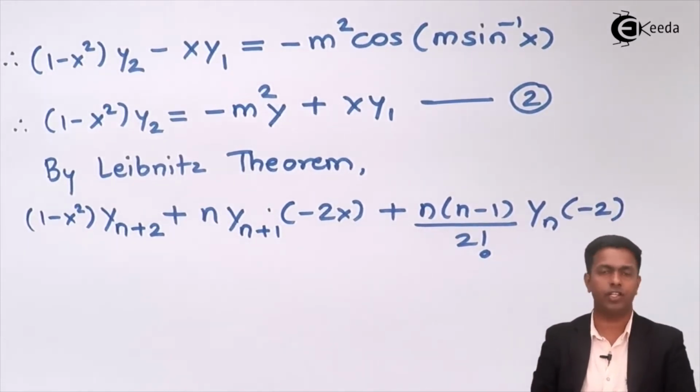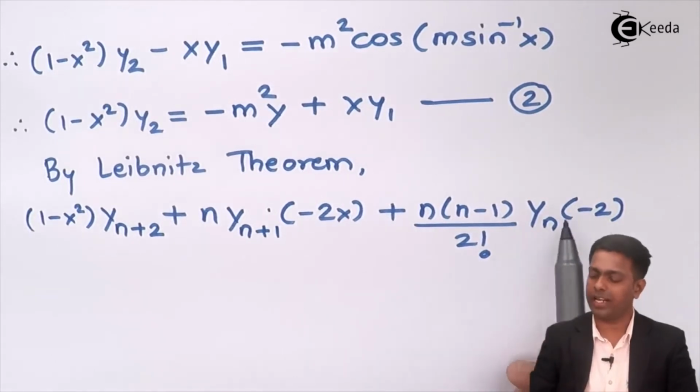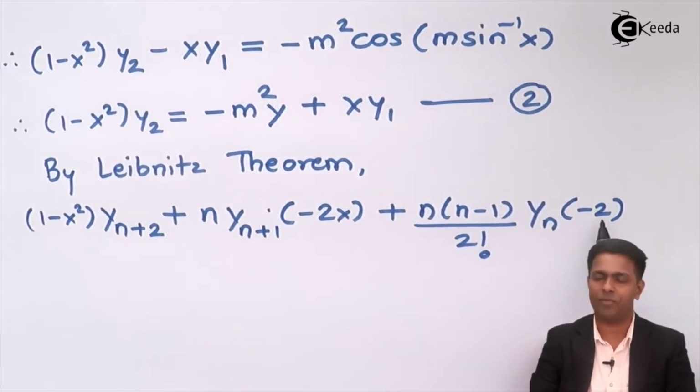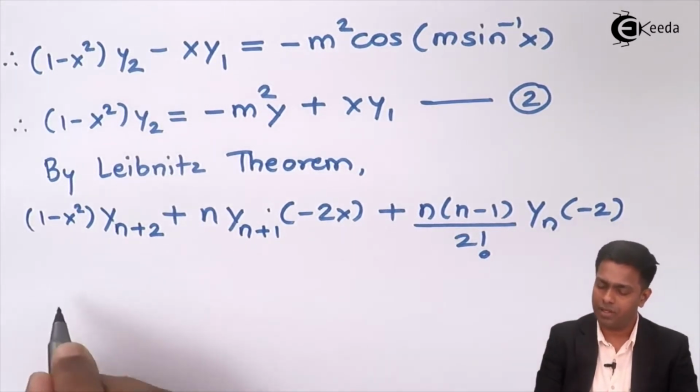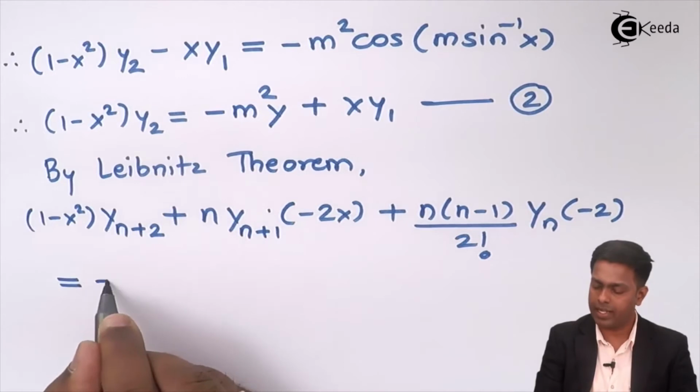Now guys, here we will stop, because if I find the next term, then the derivative of minus 2 will become 0. So I will not write down the next term. So this is the left hand side, equal to minus m square as it is.